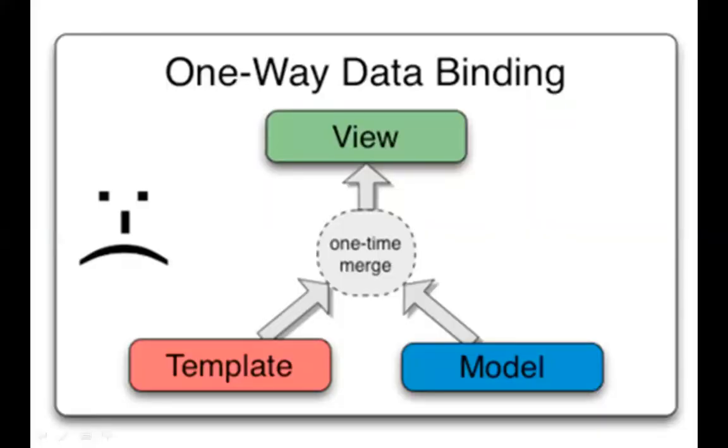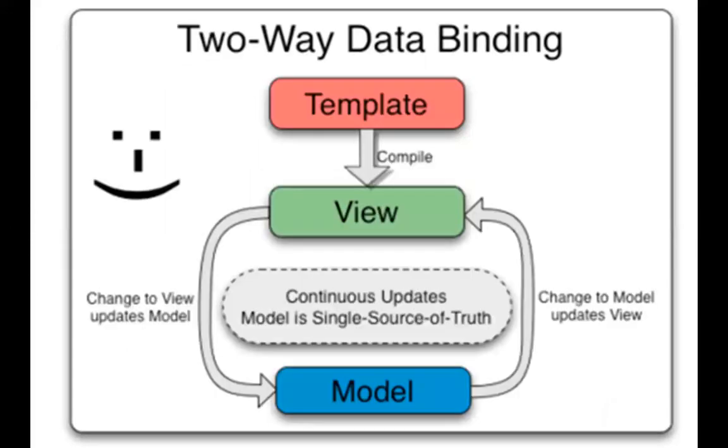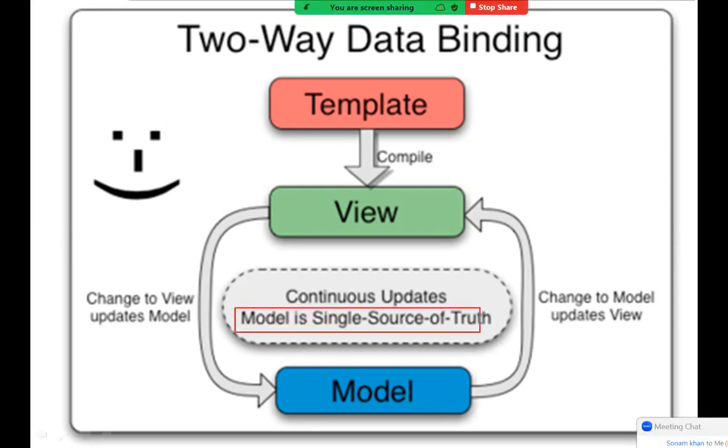One-way binding is one-time merging. That means whatever data is present, it goes to the view in one direction only. Two-way binding is two ways, continuous updates. We call this single source of truth. Whatever data is there is sent to the UI. Any change in the UI will update back to the model. So the model is going to manage everything.